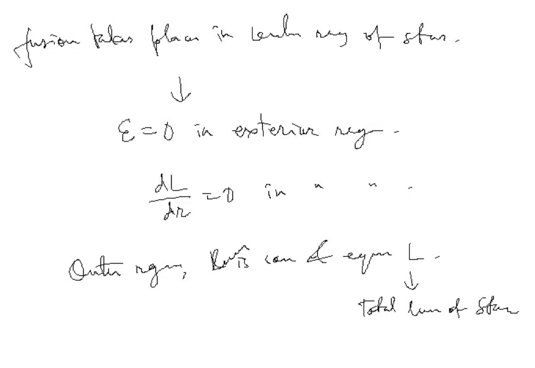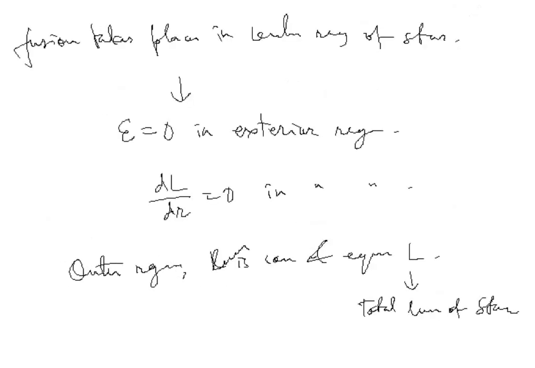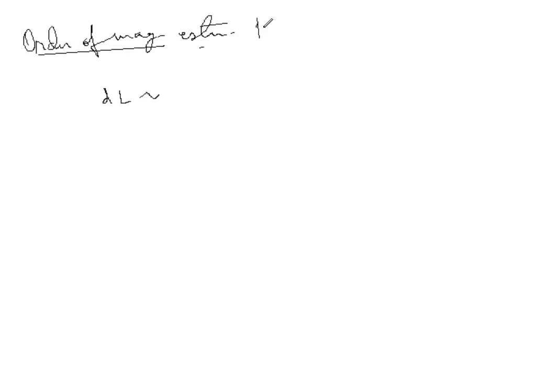Okay, now let me again concentrate on this equation and let's see if we can get an estimate of this energy production rate for our sun. Let us assume, again, order of magnitude estimate for the energy production rate.